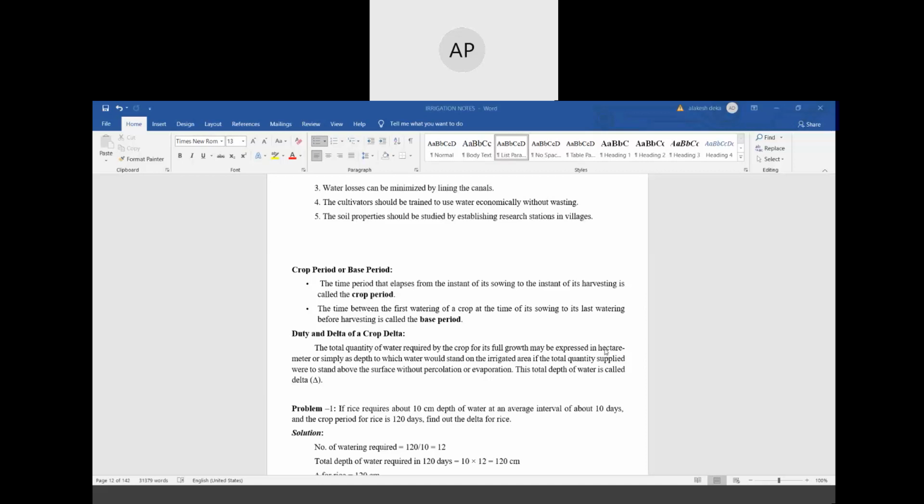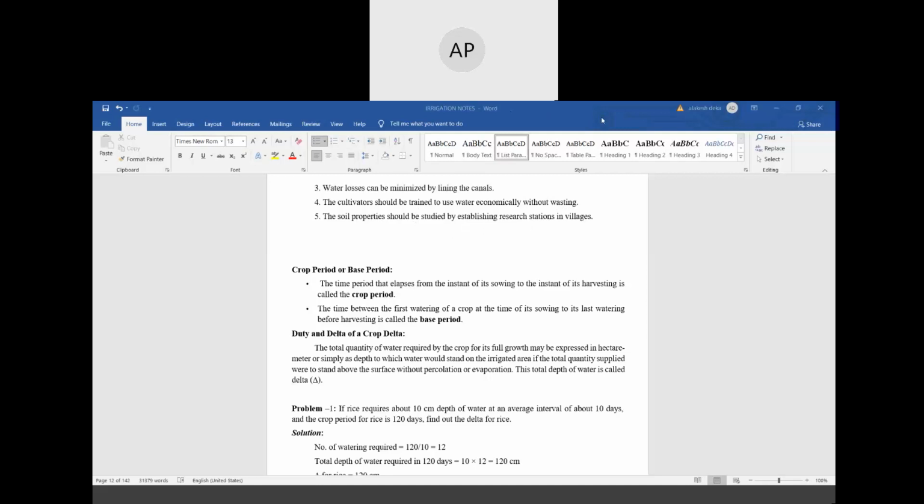Some chemical layers are given on the sides of the canal so that water losses can be minimized. Next, the cultivator should be trained to use water economically without wasting. The soil properties should be studied by establishing research stations in villages.